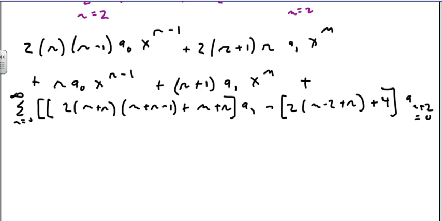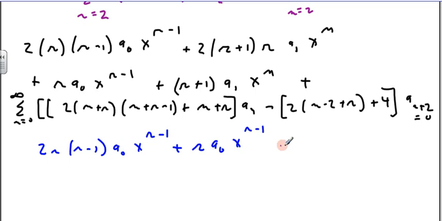Okay, isn't that nice? All right, so what do I know? I know that 2r(r minus 1) a0 x to the r minus 1, plus r a0 x to the r minus 1 has to be 0. Okay, so I know that. That being the case, x to the r minus 1 isn't 0.